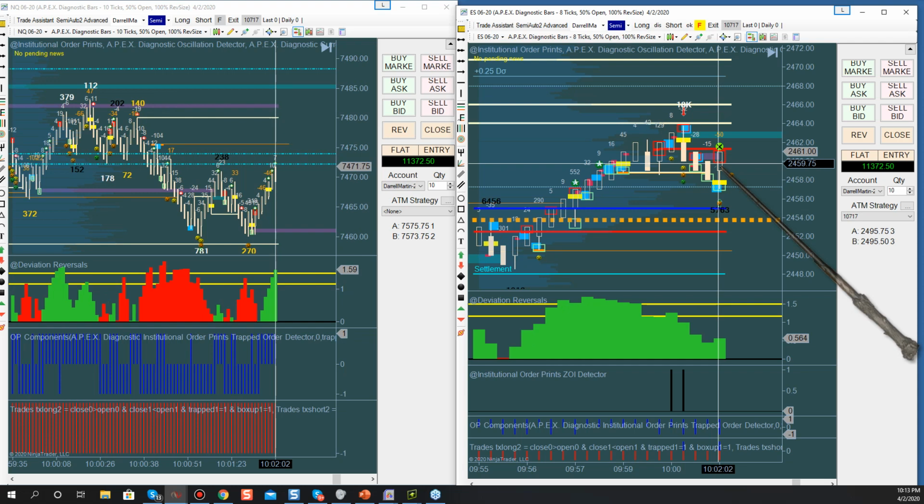Now we get a long DR. Okay? Now let's flip it. Look at what's happening on the NQ chart. Now, does everything else tell you on the ES chart to take the trade?